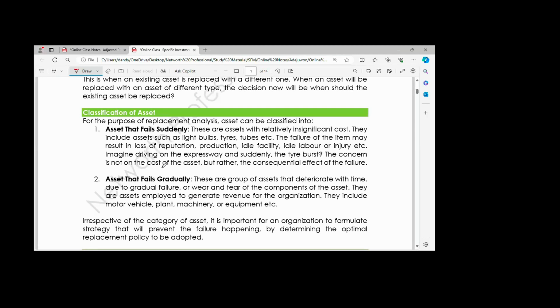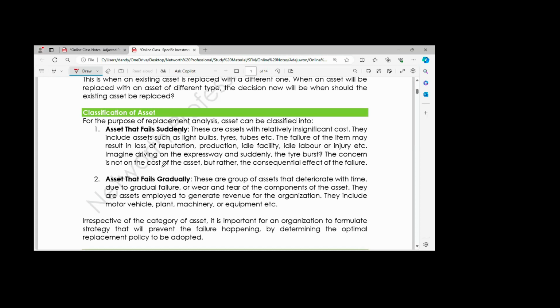Now, the second classification or category of asset is the asset that fails gradually. The assets that fail gradually are the non-current assets that are being put to use to generate goods or to render services. So this kind of asset deteriorates with time as a result of regular usage. They suffer wear and tear. So once the asset is old, of course, there will be need for the company to replace the assets.